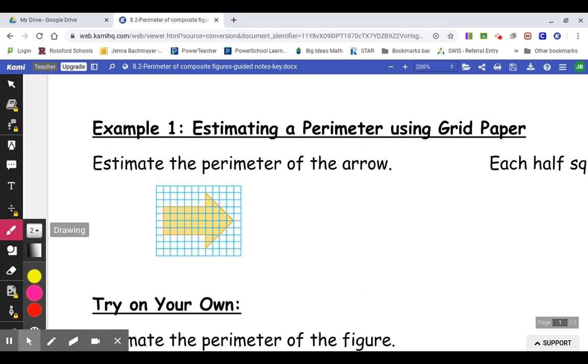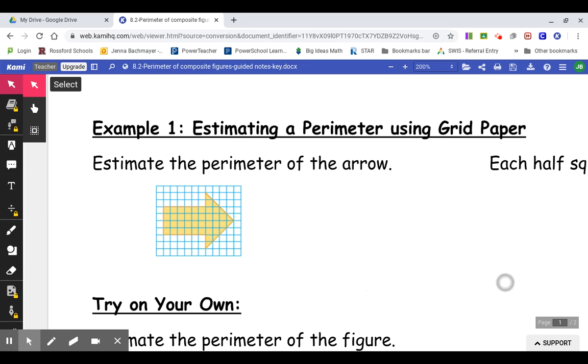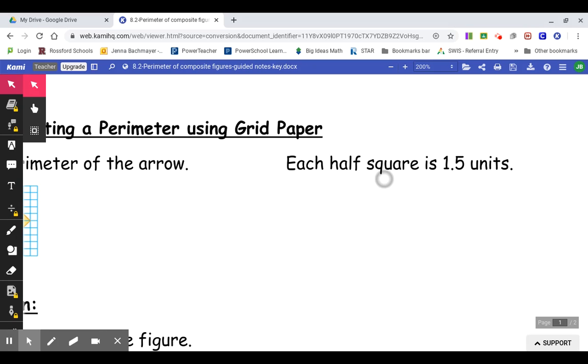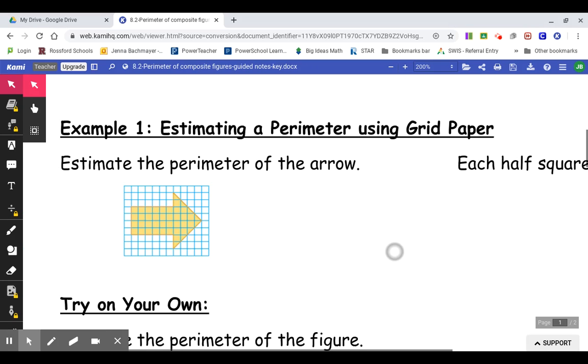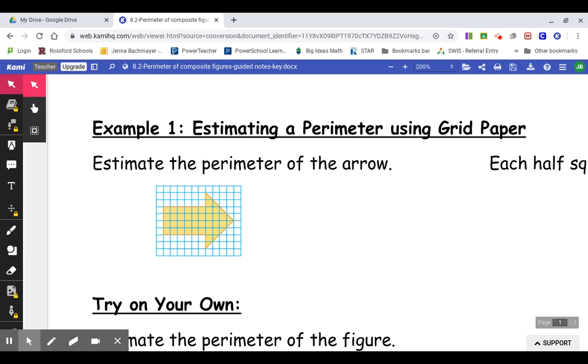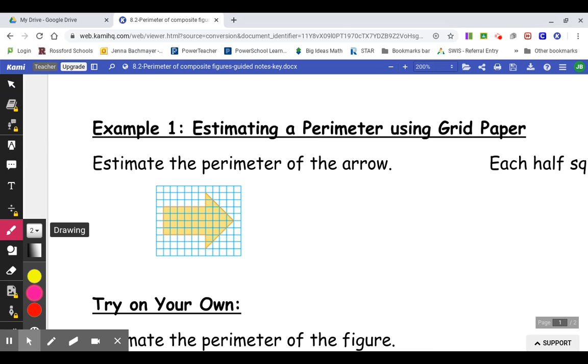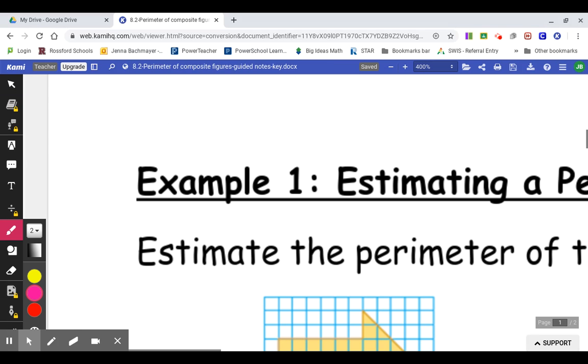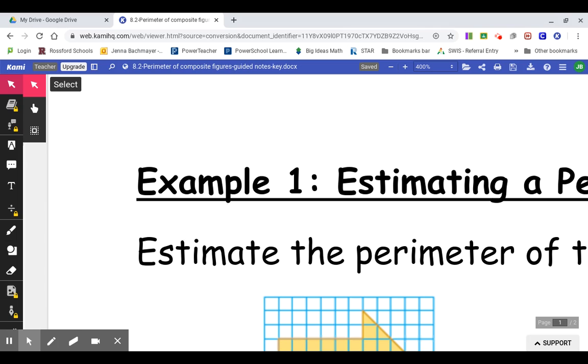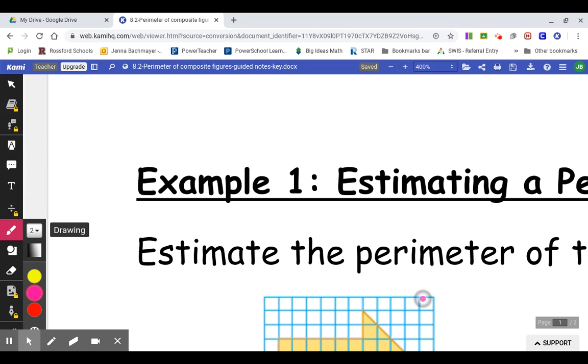Okay, so let's point this out before we start drawing. Each half square is 1.5 units, and we're going to talk about that. If I split one of these squares from corner to corner, it's actually a longer distance than one side length.